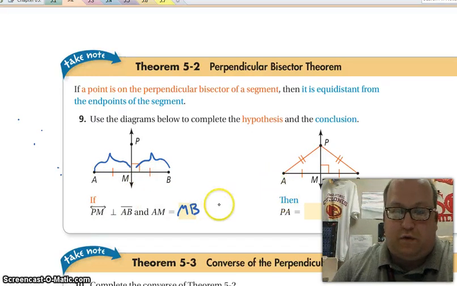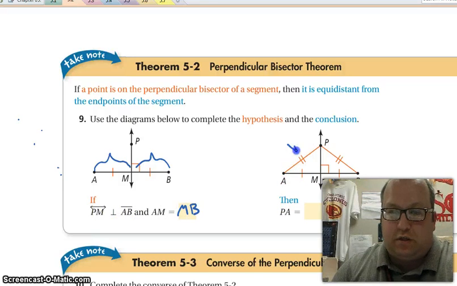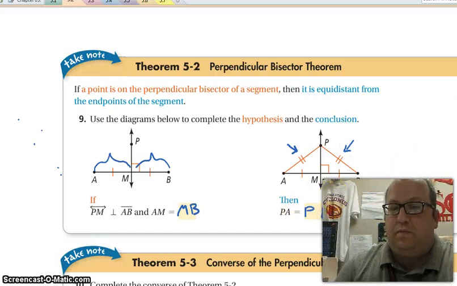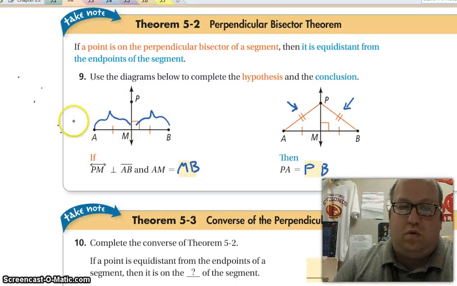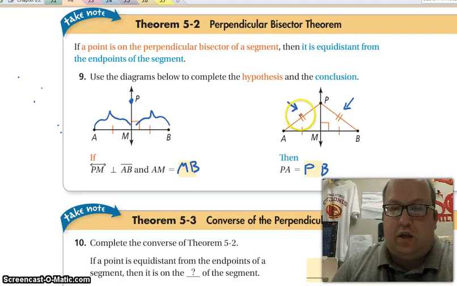And if all the stuff over on the left is true, then this segment up here with the 2 marks, segment PA, has got to equal this segment with the 2 marks, segment PB. So since point P right here is on the perpendicular bisector, it is equidistant from the ends of that segment.